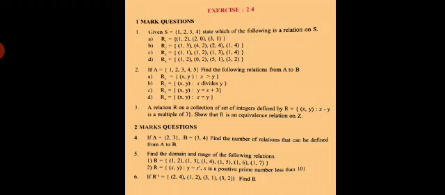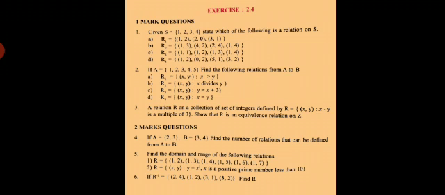Students, can you try this? Exercise 2.4. For 1 mark questions, such types of questions you will get. Given S is equal to {1, 2, 3, 4}. State which of the following is a relation on S. Here, see, the first one, R1 is equal to {(1, 2), (2, 0)}.